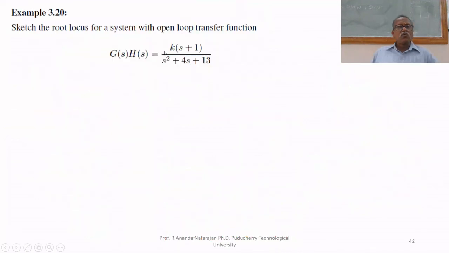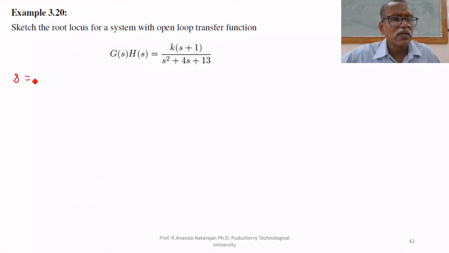Sketch the root locus for a system. I will give the idea, you solve it yourself. Sketch the root locus for the system with the open loop transfer function. What are the poles?